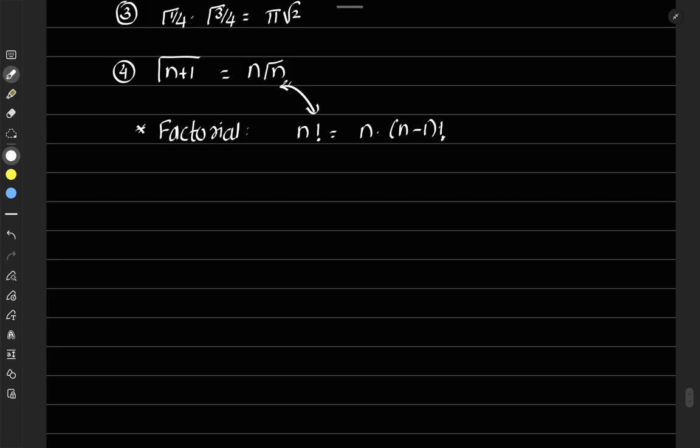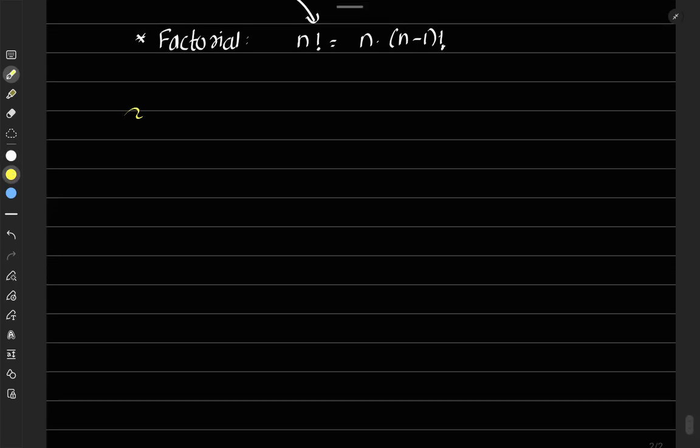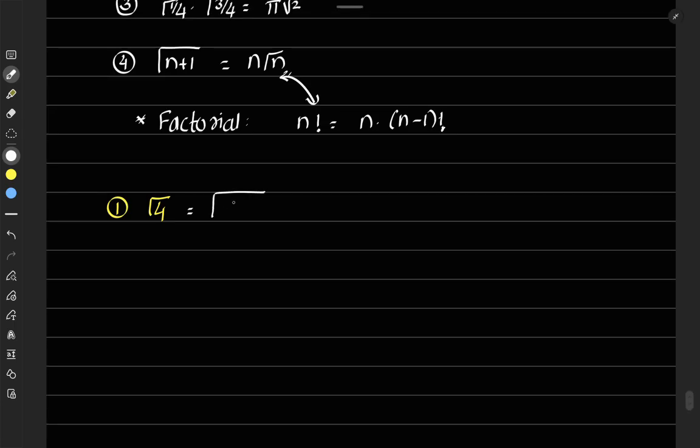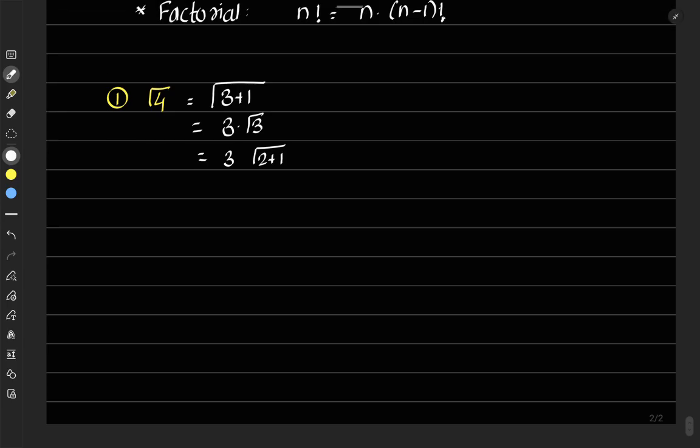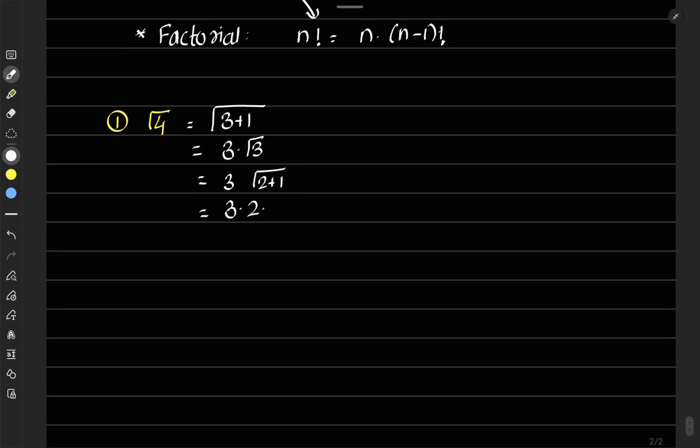Now using this property, we'll try to evaluate some values of the gamma function. Let's start with an integer value, say gamma of 4. To evaluate gamma of 4, we write it as 3 into gamma of 3, which is 3 into 2 into gamma 2, which is 3 into 2 into 1 into gamma 1.